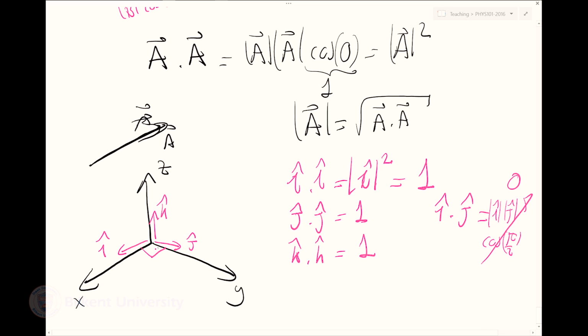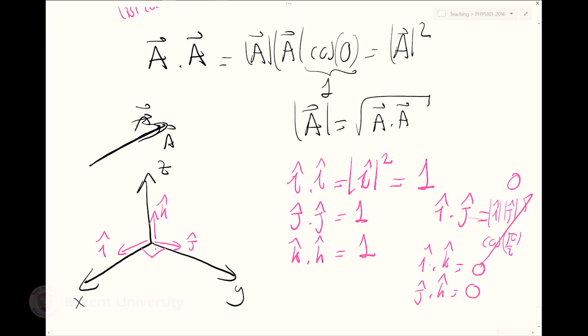That's 0, right? So when two vectors are perpendicular to each other, their dot product is 0. So i hat dot j hat is 0. Similarly, i hat dot k hat is 0. j hat dot k hat is 0.